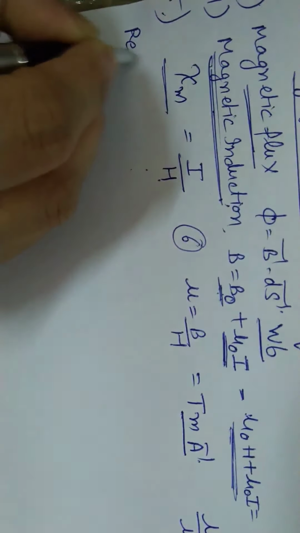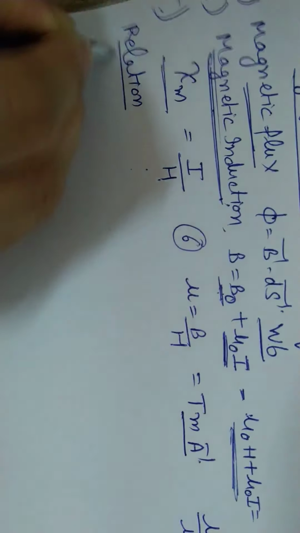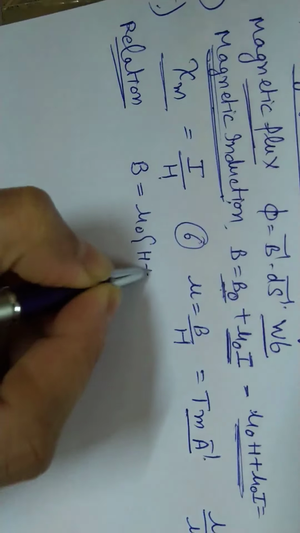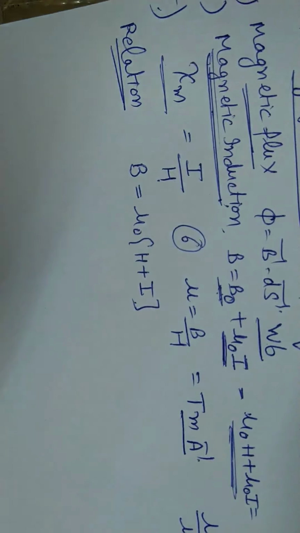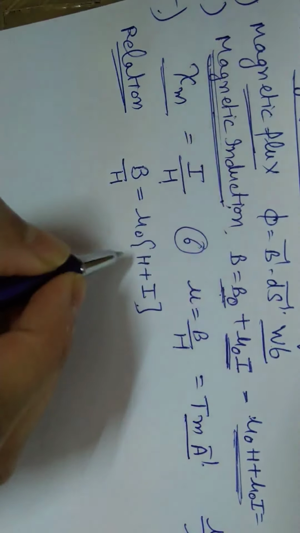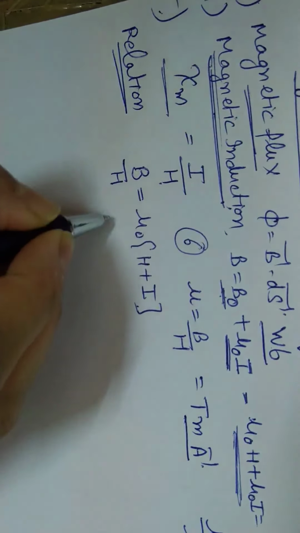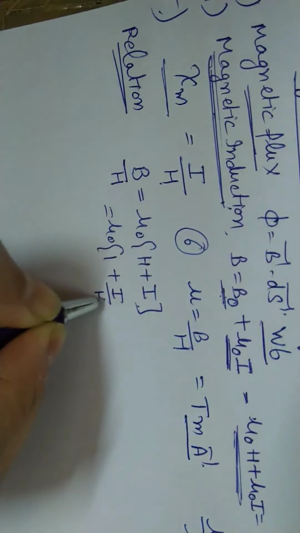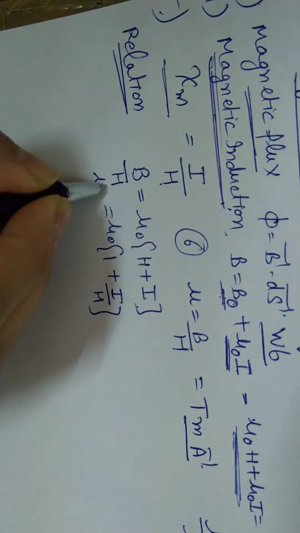And how do we find the relation? B is equal to mu naught (H plus I). Divide both sides by H. We get 1 plus I by H, and B by H is mu.